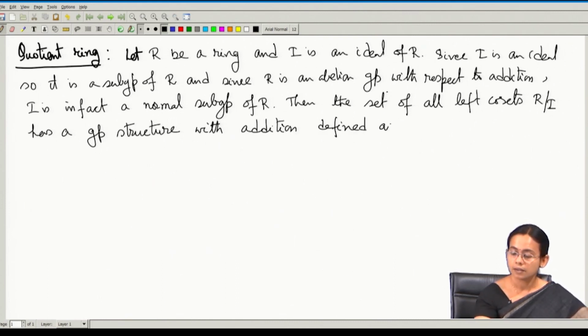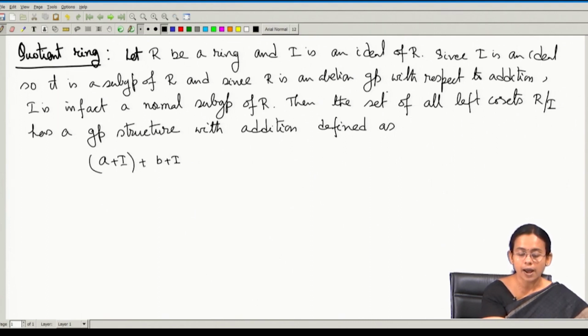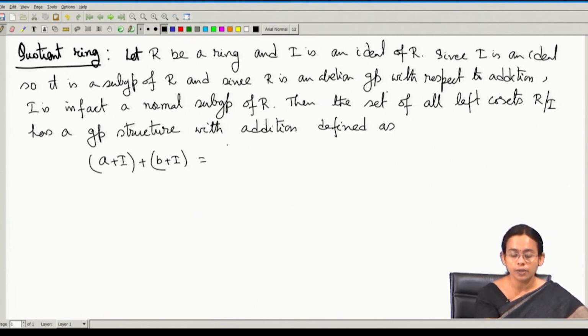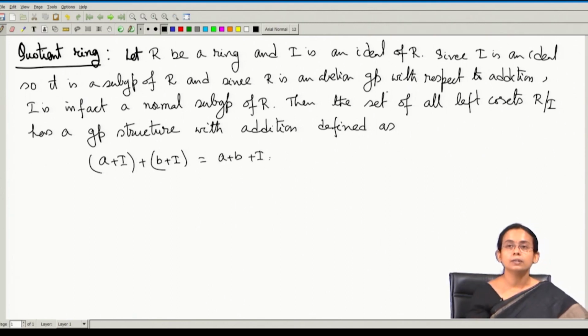I consider two left cosets from this set R quotient I: A plus I is one left coset, and another is B plus I. To add these two left cosets, as you already know from group theory, it is nothing but A plus B plus I. This is how the addition of two left cosets is defined.